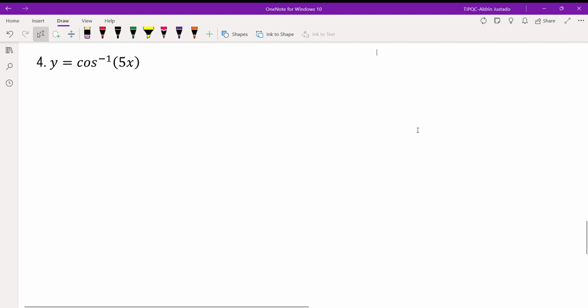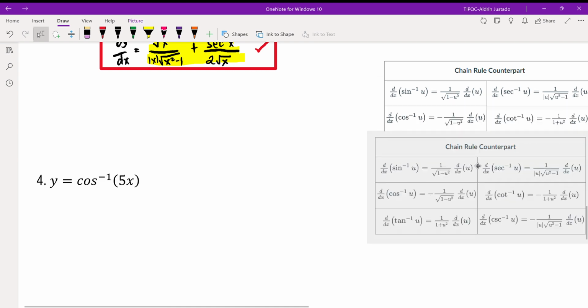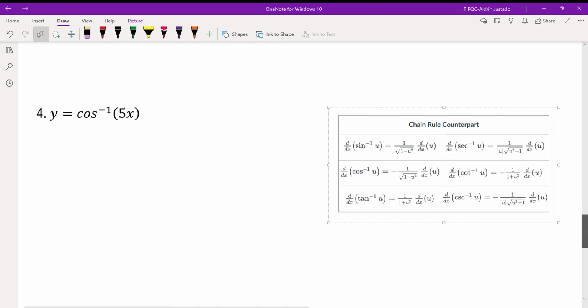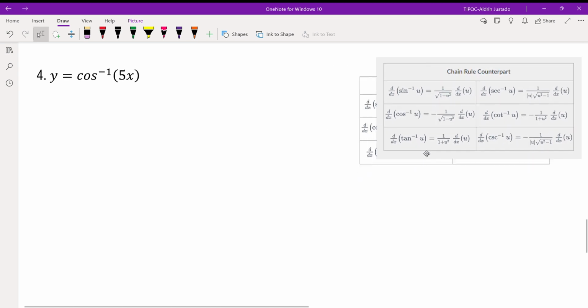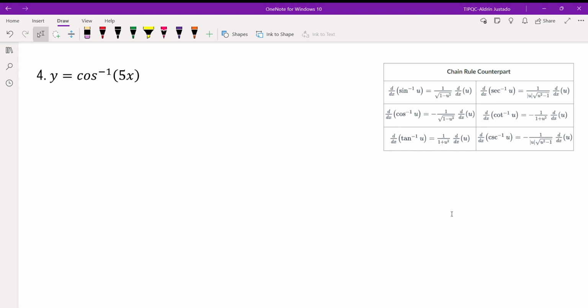So, base pa lang dyan sa given, we can conclude na gagamit tayo agad ng chain rule counterpart. So, we need to use the chain rule counterpart of inverse trigonometric functions to differentiate y is equal to arc cosine of u. Okay? Kasi ito, this is y arc cosine of u, which is ito siya.